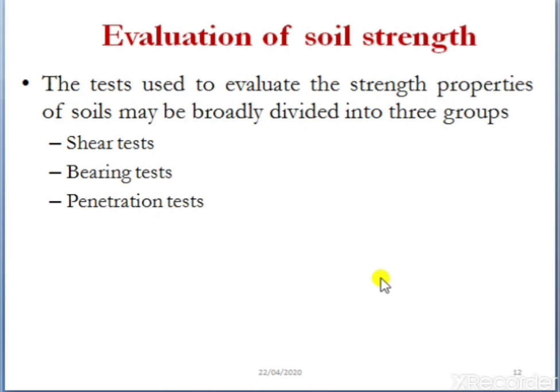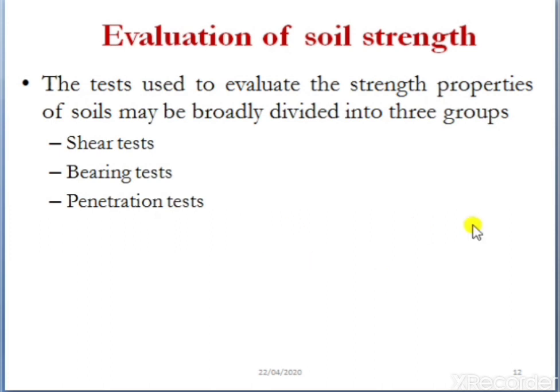Shear tests are usually carried out on relatively small soil samples in the laboratory to find out the strength properties of soils. A number of representative samples from different locations are tested. Some commonly known shear tests are the direct shear test, triaxial shear test, compression test and unconfined compression test.